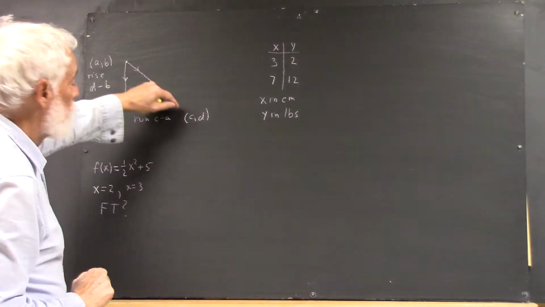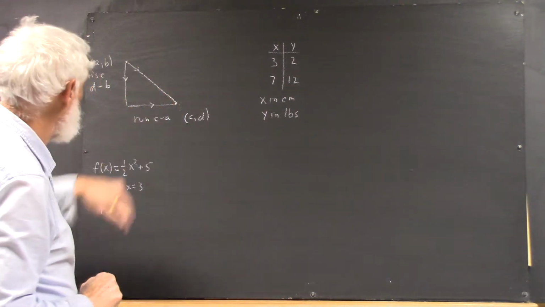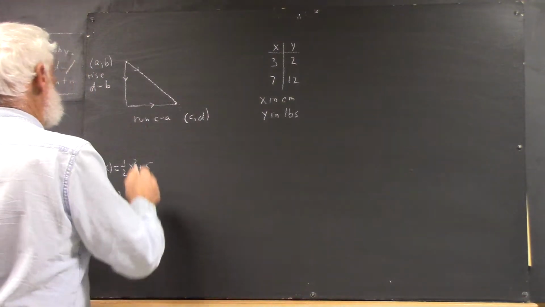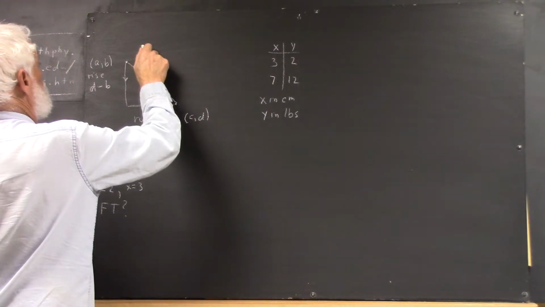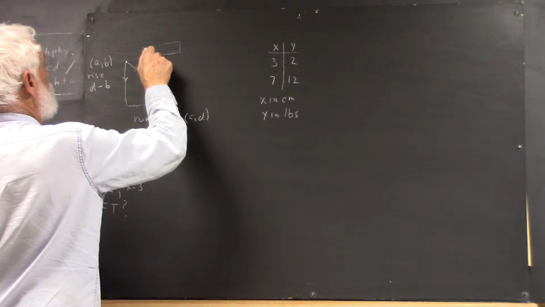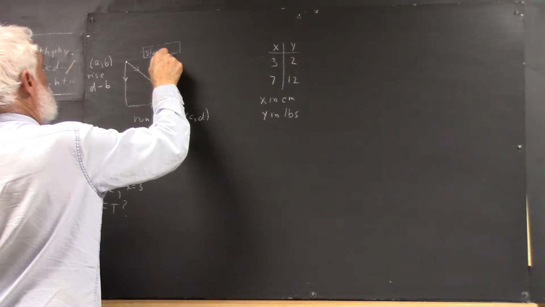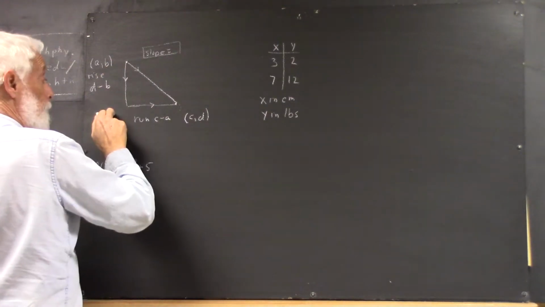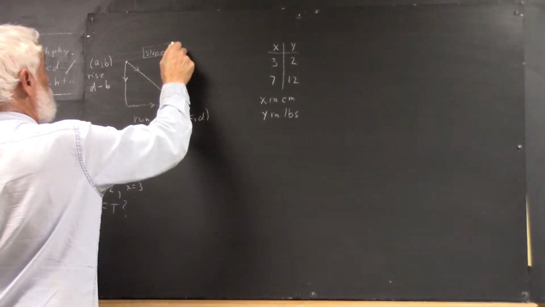Now we want to label the hypotenuse, the length of the hypotenuse. And we also want to label a slope. Well, we could say, okay, slope equals the rise, D minus B, divided by the run.